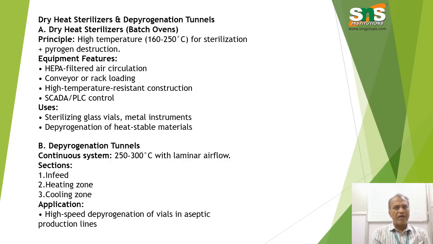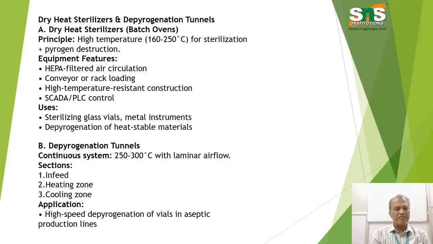Next, rack loading and HEPA filtered air circulation to prevent the passage of very small microbes. Uses: sterile glass vials, metal instruments and depyrogenation of heat stable materials. Depyrogenation plays a vital role in the sterilization process, removing pyrogens and making the sample pyrogen free.